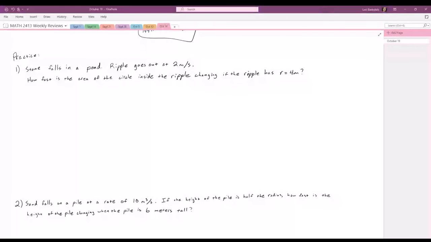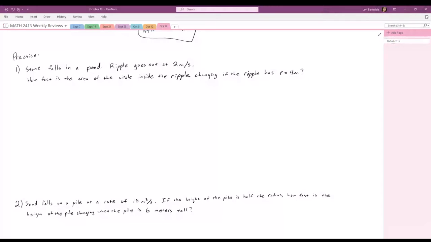Take the derivative. Okay. So the derivative of pi r squared is 2 pi r. Right, but then when I take the derivative of r, I also need to multiply by dr over dt. You need to make sure you're including that part. Do you have enough information to solve for dA over dt now? Yeah.